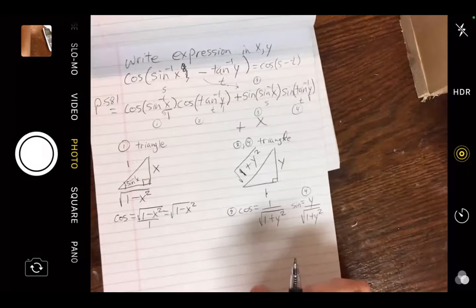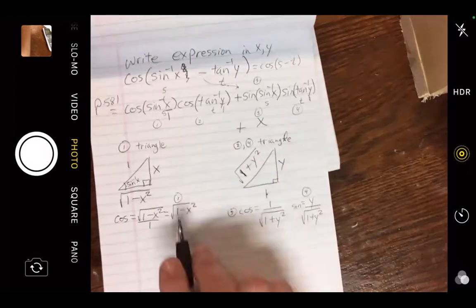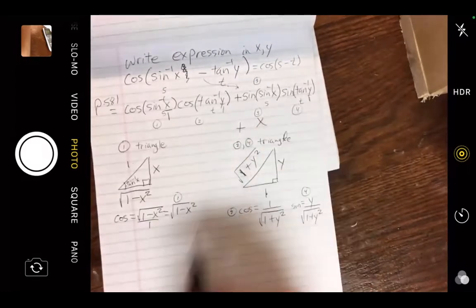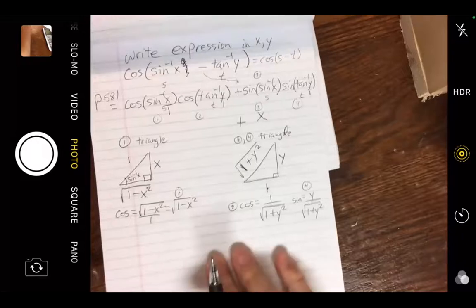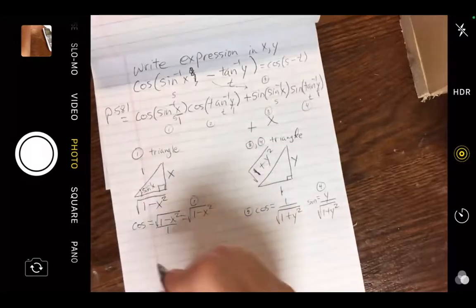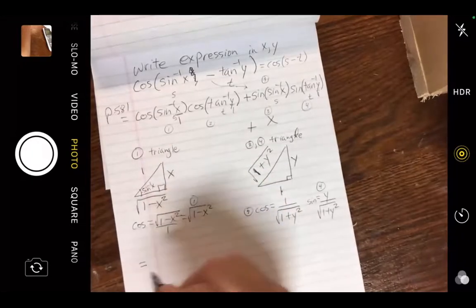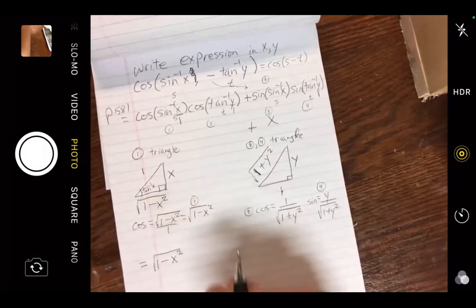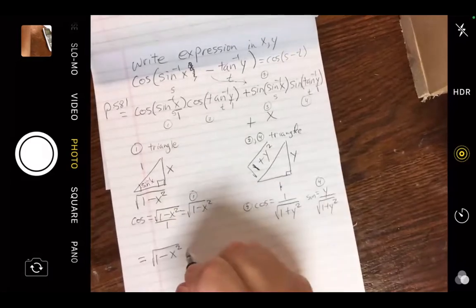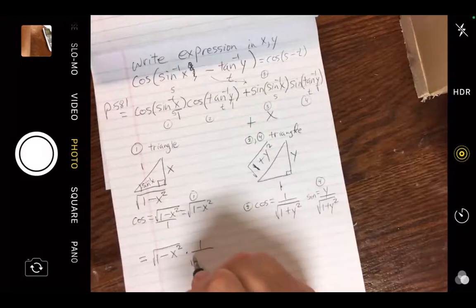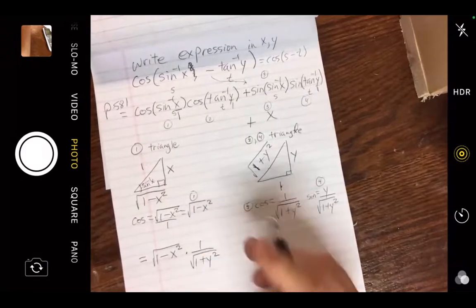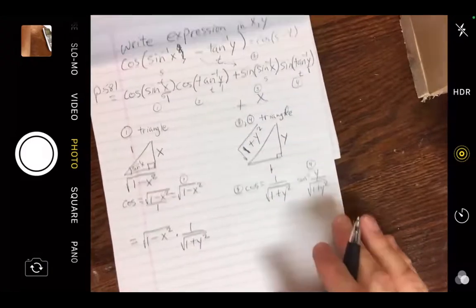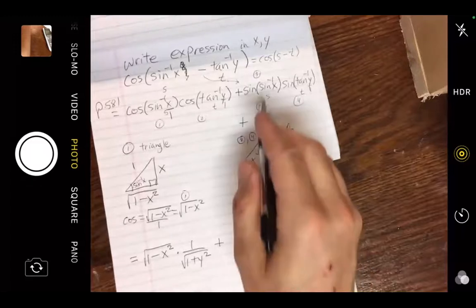Are we ready to plug and chug these pieces into this? Yeah. Okay. So piece 1, square root of 1 minus x squared. Piece 2, times 1 over square root of 1 plus y squared. Add piece 3, which was just x.